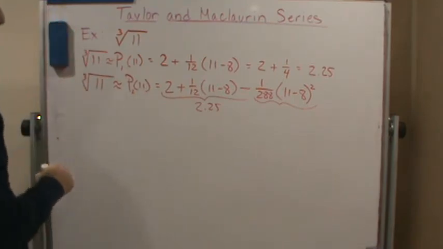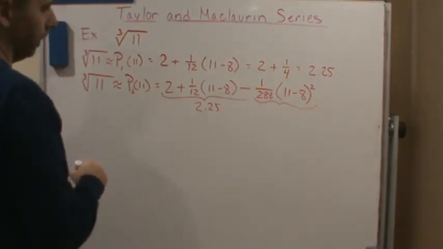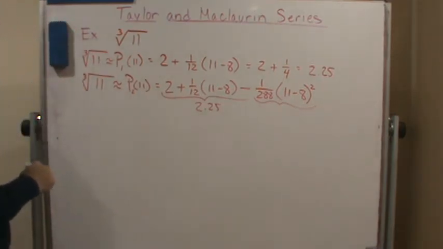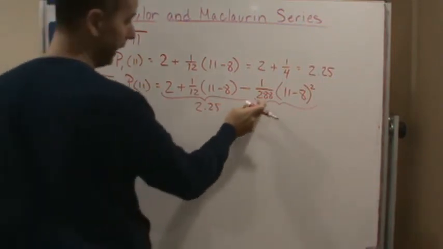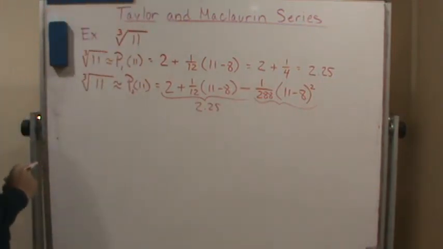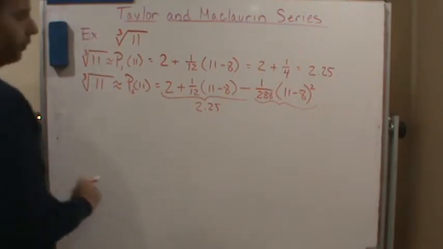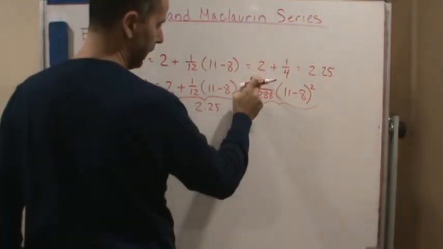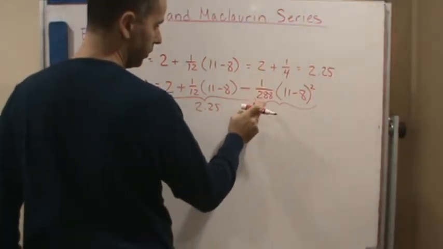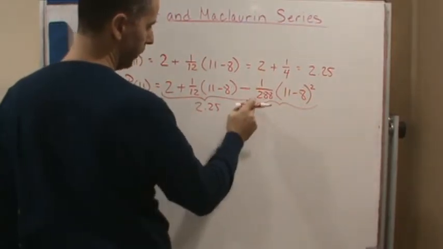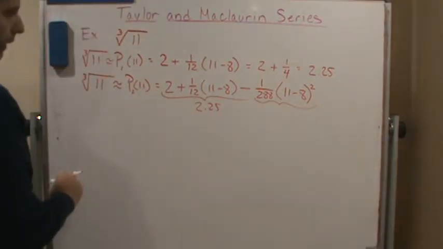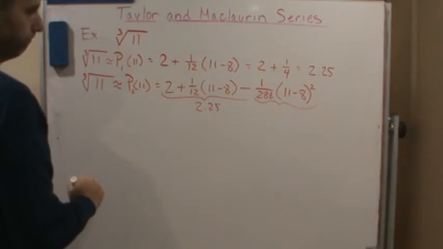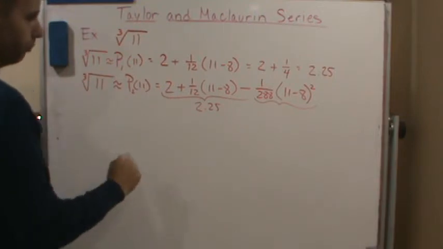So that's going to be 9 over 288. 288 is divisible by 9, so we can reduce this: 9 over 288 reduces to 1 over 32.